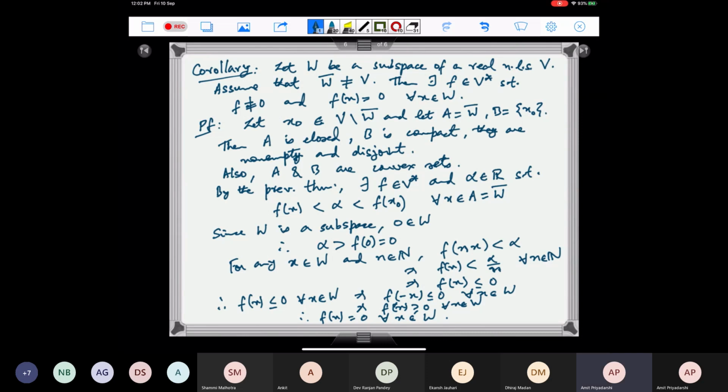This is just because it is a subspace, you can always replace by negative or any multiple. So we get f such that f(x) equals 0 on W, and because f of x naught is bigger than this alpha, which is positive, f of x naught is strictly bigger than 0. So therefore f is non-zero. So this f satisfies this condition.